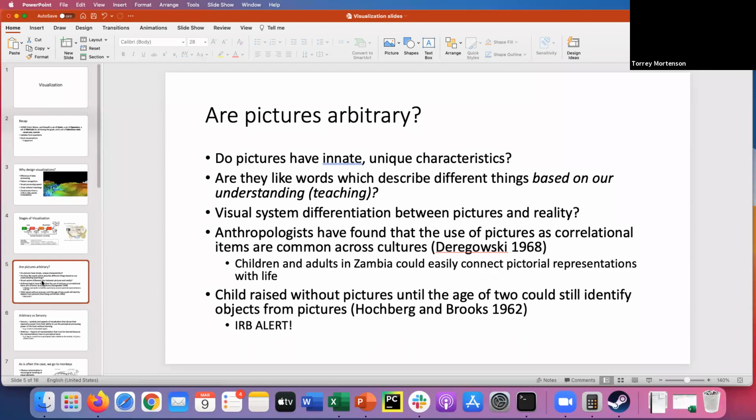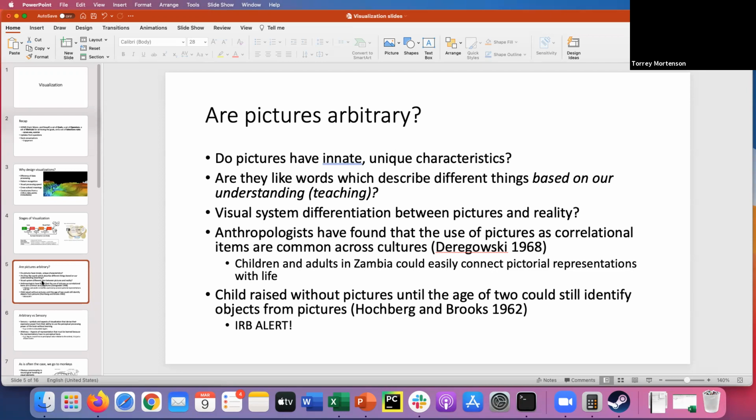And this last one, IRB alert, 100%. This would never fly now. We talked a little bit, or I think I talked to one of you, about the Milgram experiments that also would not fly nowadays, but this one is wacky. These two researchers, Hochberg and Brooks, raised, I believe it's their child, without pictures until the age of 2.